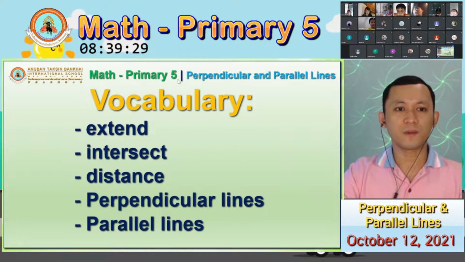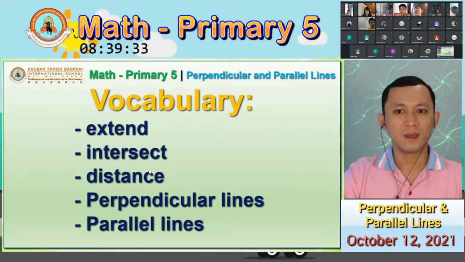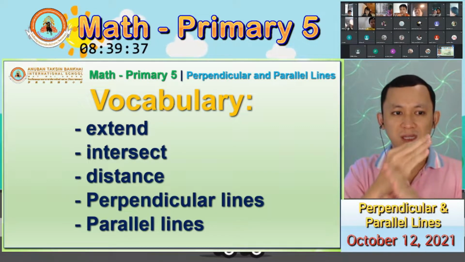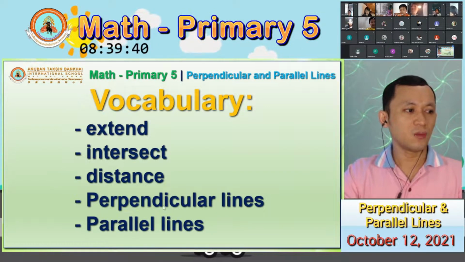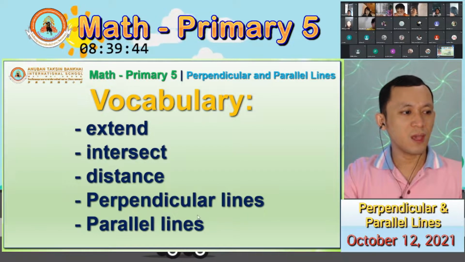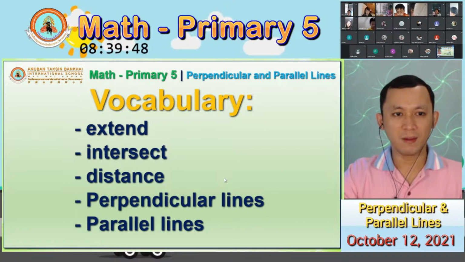We also have the word intersect. When 2 lines meet together, they intersect. And we have distance. Next, we have perpendicular lines and parallel lines.